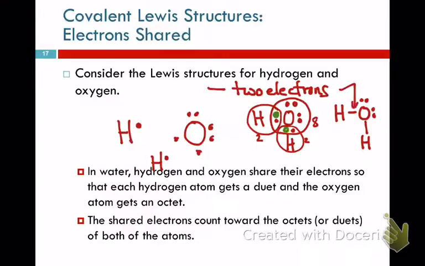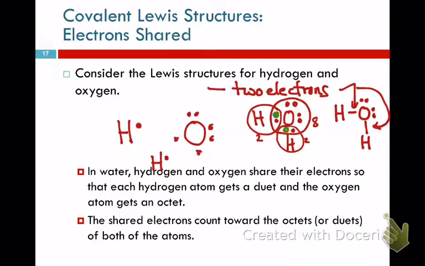And in this context, these are called bonds. They're covalent bonds, though, because they're molecular compounds, and those electrons, in order for us to do this, it implies that they're shared between the hydrogen and oxygen.